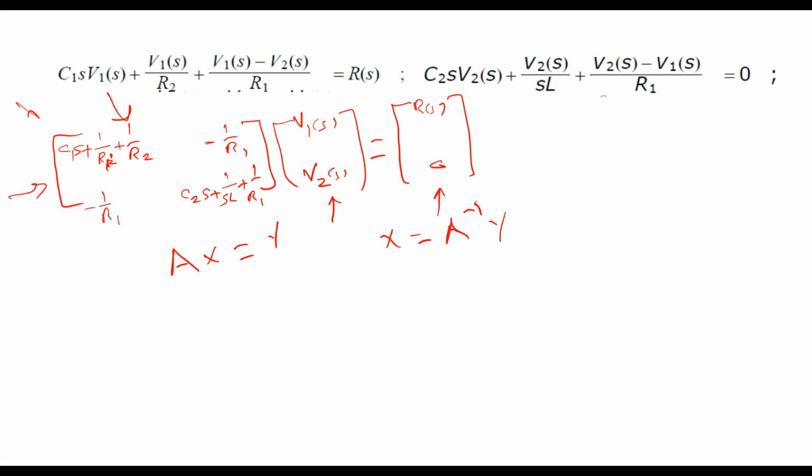Look, in Cramer's rule, if I want to solve for the first element, V1 of S equals the determinant of the matrix A in the denominator. And in the numerator, I thought in the prep year they gave you this.